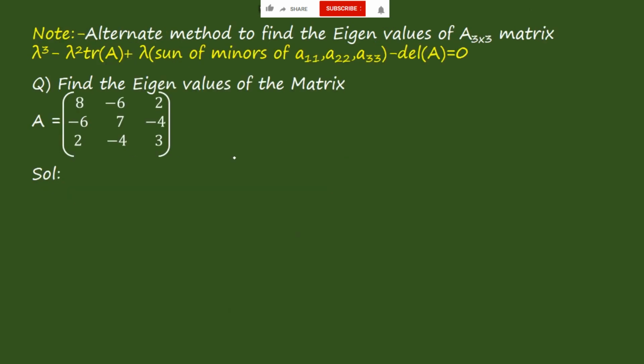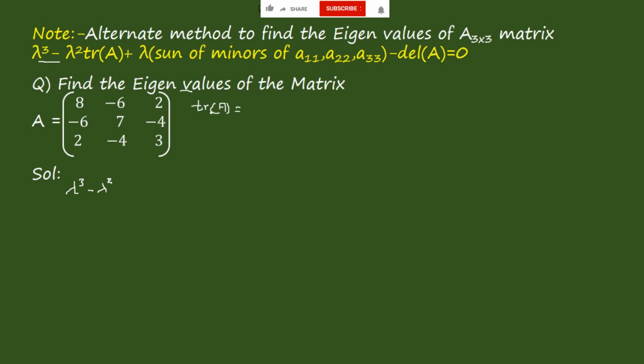Next question. We're finding the eigenvalues by using a shortcut method. In this particular question they are asking to find the eigenvalues, and we'll be using this formula: lambda cube minus lambda square into trace of A. What is trace of A?